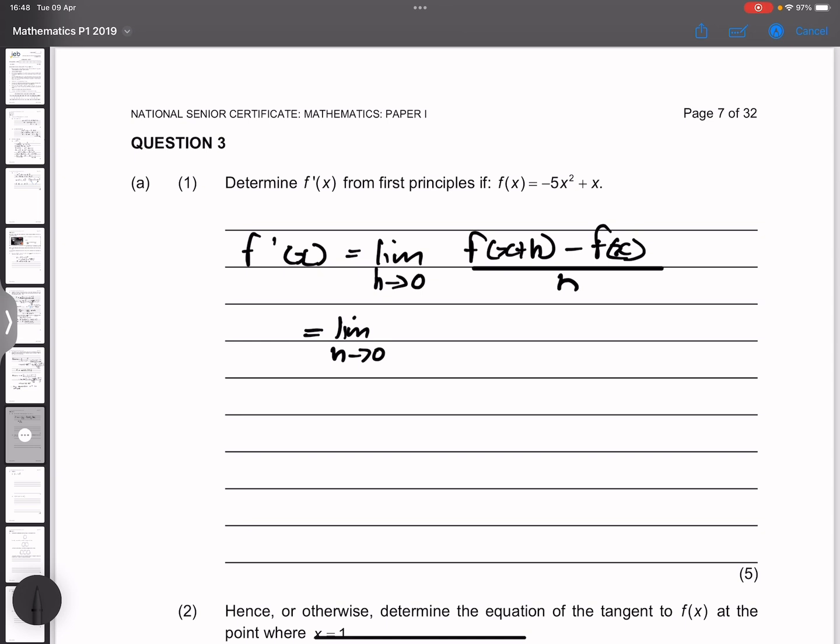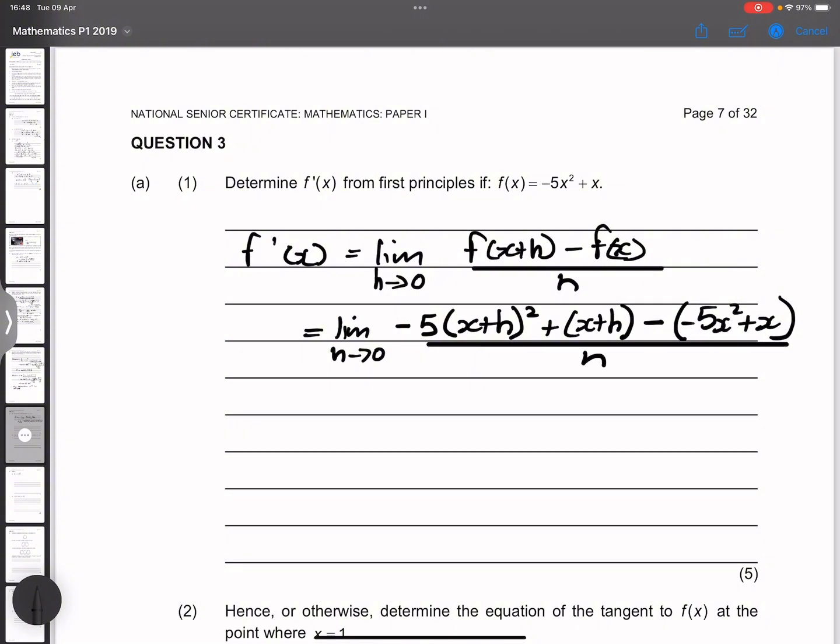So which means I'm going to take my equation. So that's minus 5. Everywhere where there's x, I'm going to put x plus h. So this is minus 5 times (x plus h) squared plus (x plus h), minus, now please remember to put this in brackets, minus 5x squared plus x. Okay, and this will be divided by h. So I'm going to say equal to limit as h tends to 0.